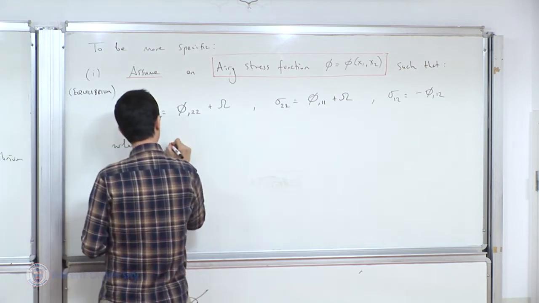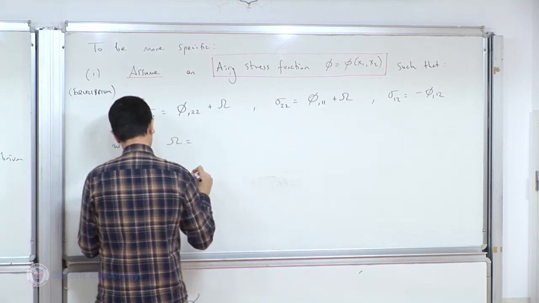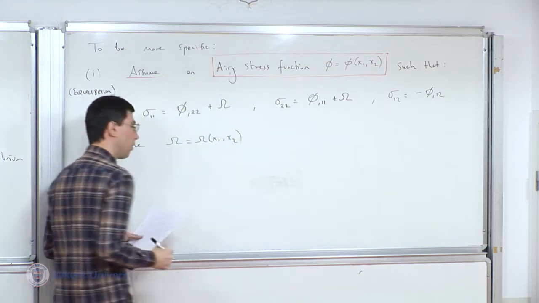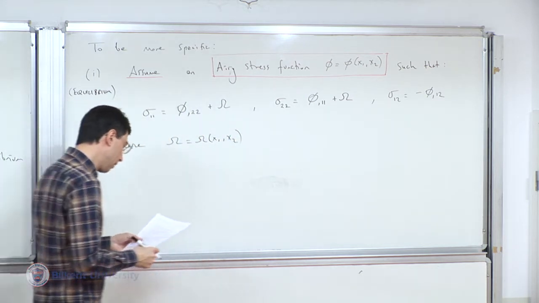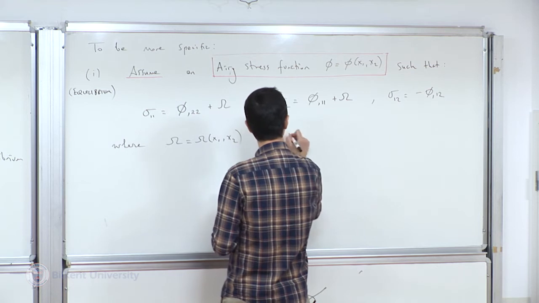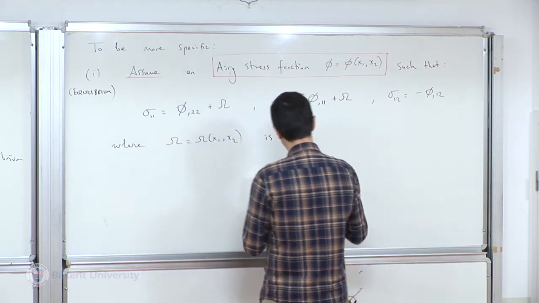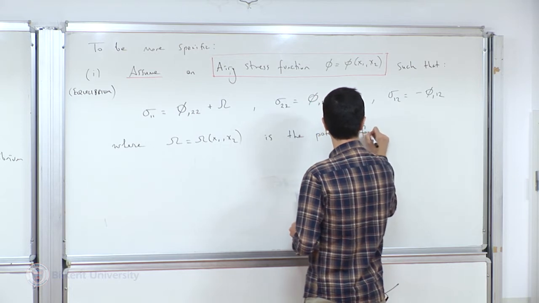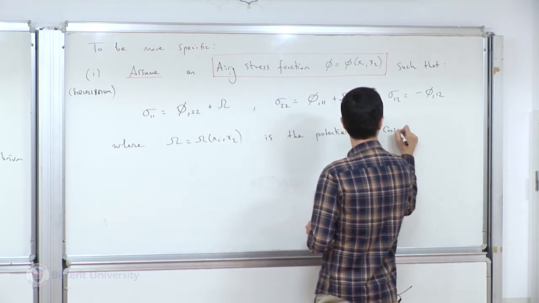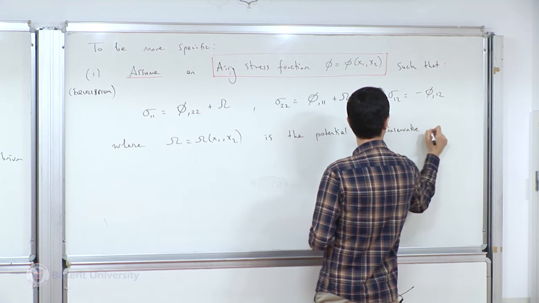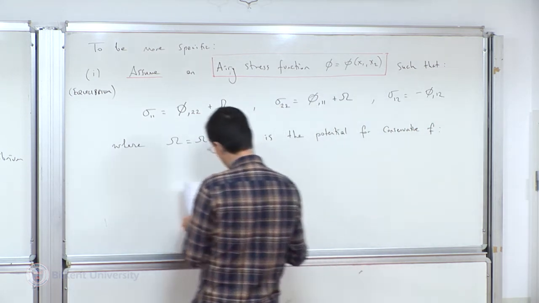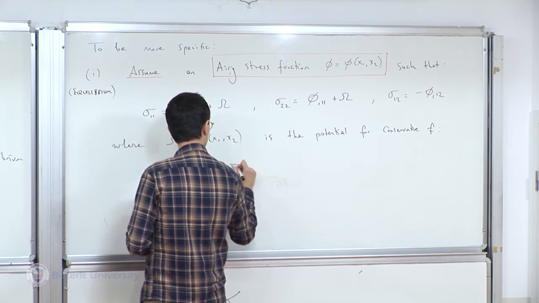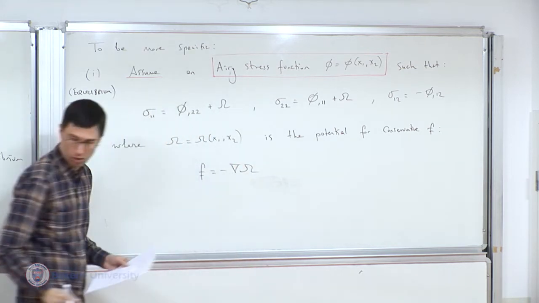Okay, so here we are eventually going to restrict ourselves to mechanics where there is a function omega which delivers the body force. In other words, we will assume that F is equal to minus gradient capital omega.